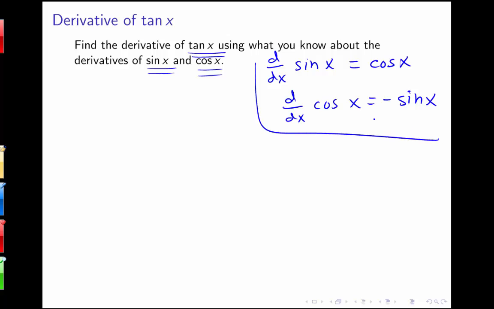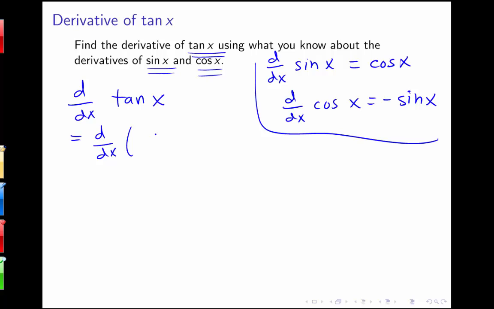So what I want to do here is find the derivative of tangent, but now I'm going to allow the use of these two derivative rules instead of saying we have to go all the way back to the limit definition. Because tangent is defined in terms of sine and cosine, taking the derivative of tangent is the same as taking the derivative of sine x over cosine x.